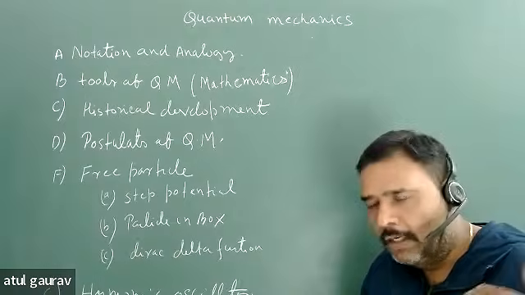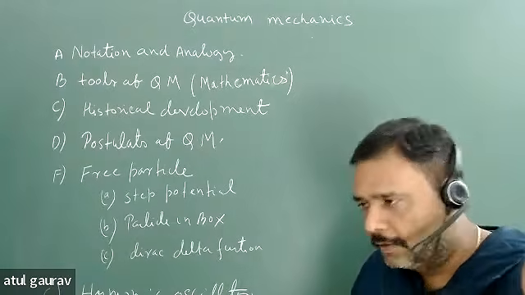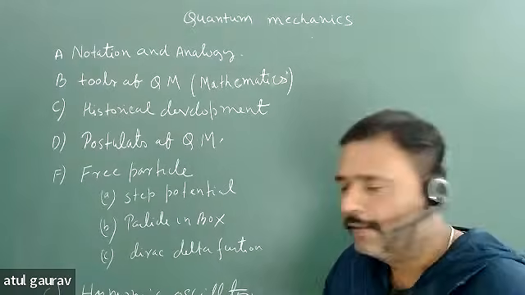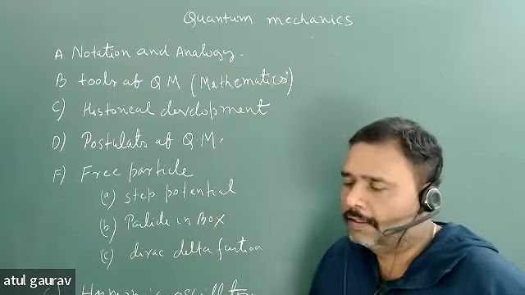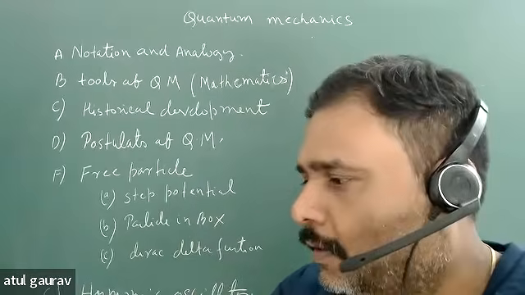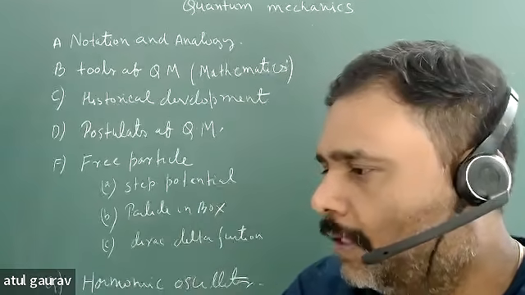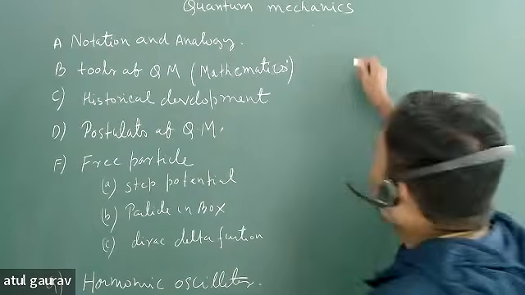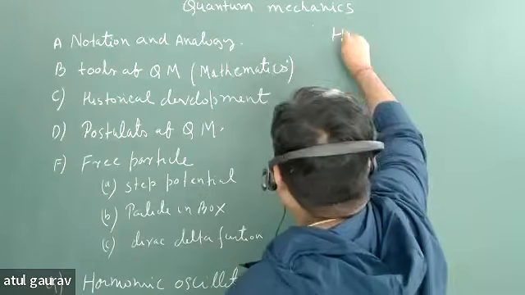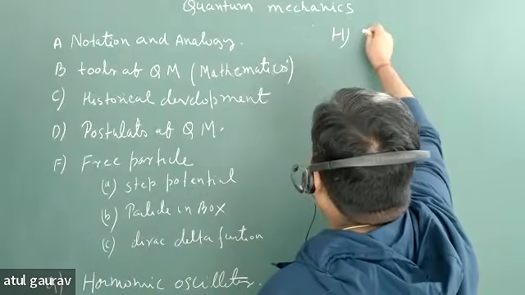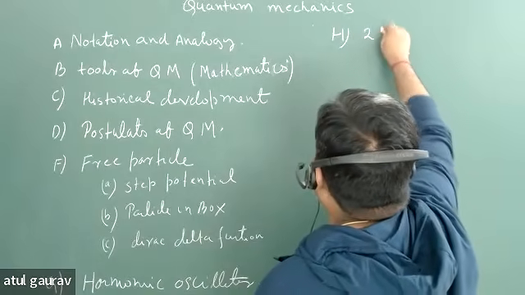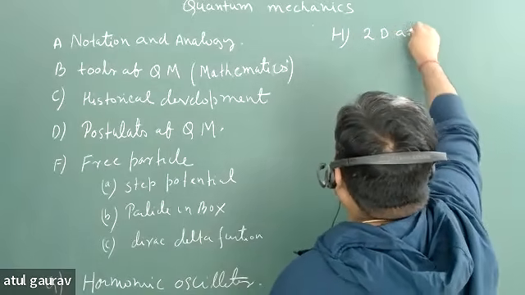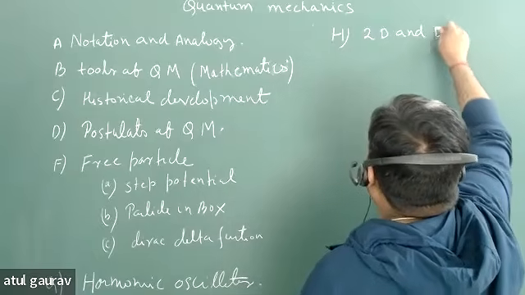That means there is only one degree of freedom, and only translational motion. We have to discuss all this here. Are you able to visualize how this covers the whole board? And then we will go for the next part, that is two-dimensional and 3D systems.